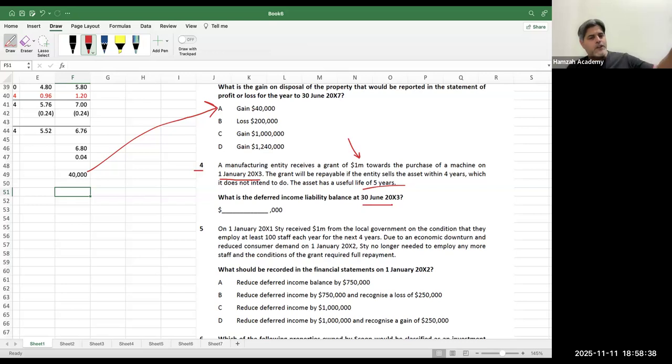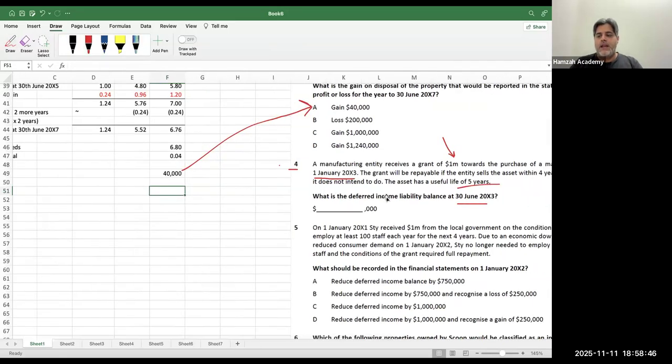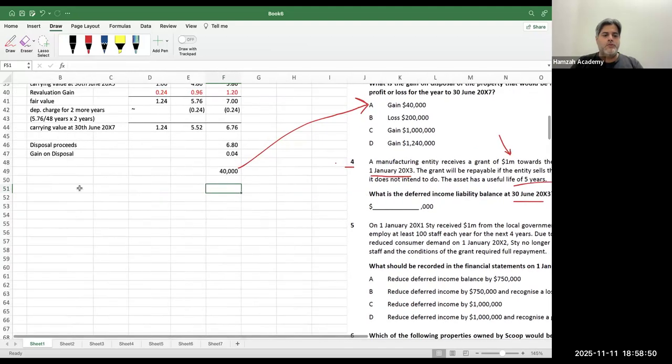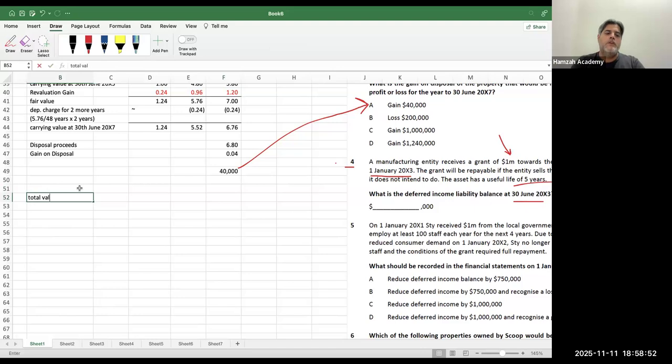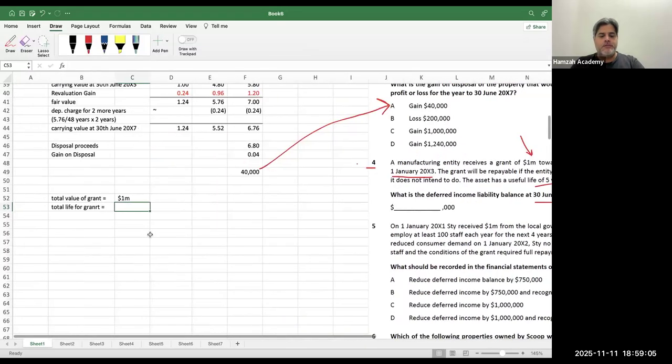So technically from 1st January till 30th June, only 6 months have gone by, right? So we have to talk about the deferred income liability that we have to take into account. So the total value of grant is 1 million. The total life for the grant is, I mean, the vesting conditions are for 5 years.